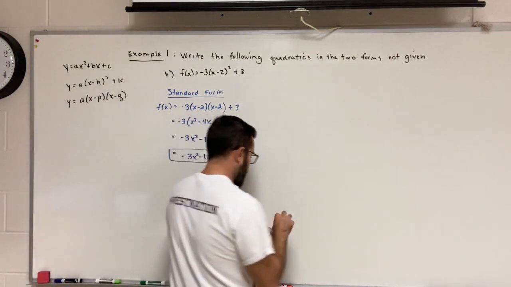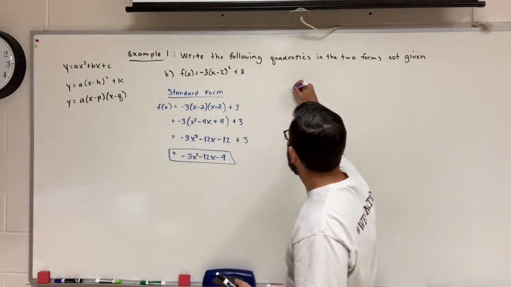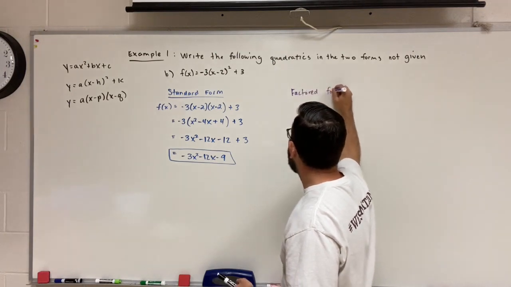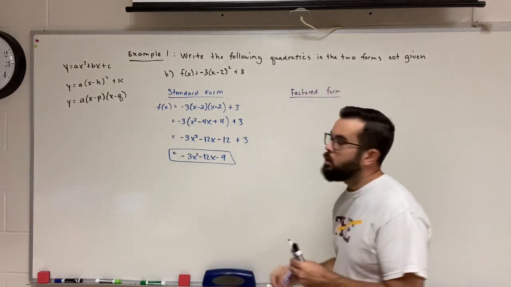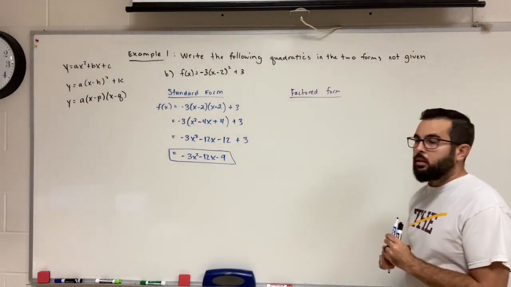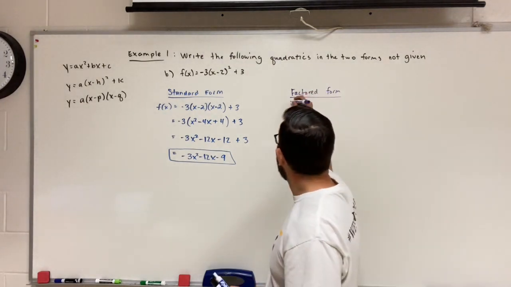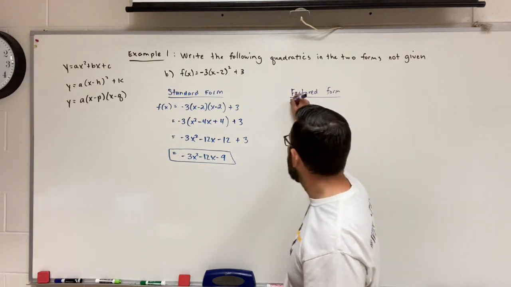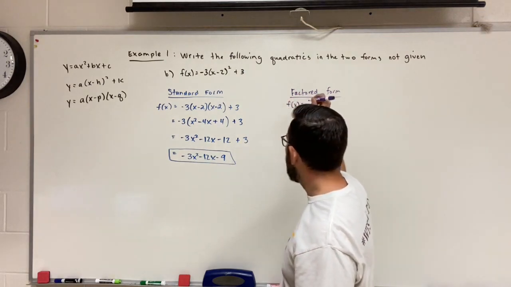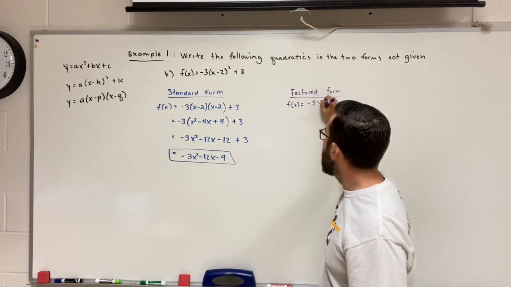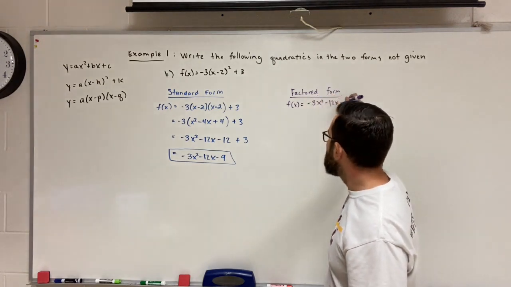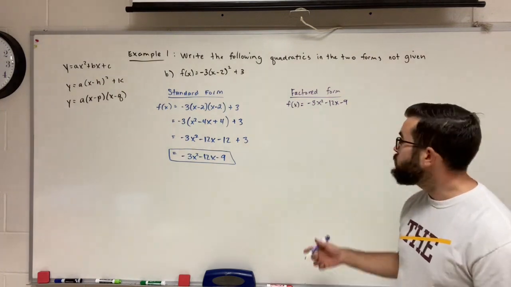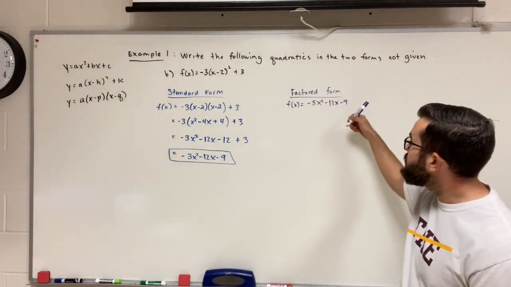Next we have to do factored form. To get to factored form, we're going to use our standard form. We start by taking out a GCF if there is one, and there happens to be one here. It's negative 3.